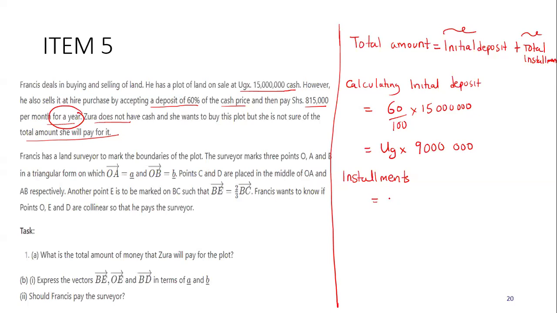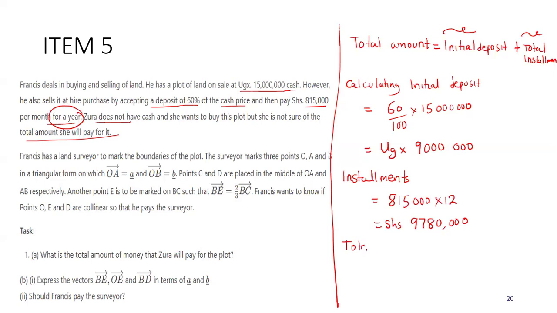So installments will equal the monthly pay times the number of months within a year. This will be 815000 times 12. Since here they use shillings, I'll say shillings. This is going to be 9780000.